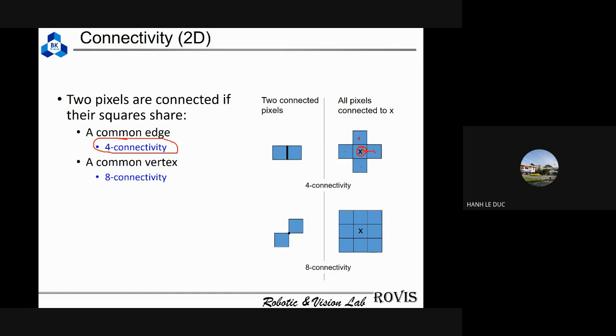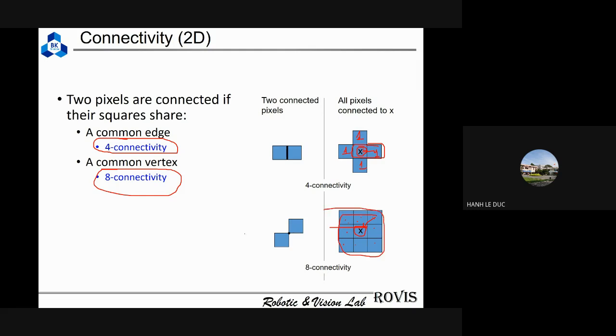So if a pixel falls in this region, it will be connected and form one object. The surrounding, or neighbor, pixels connect with the center pixel, so it will form one object.